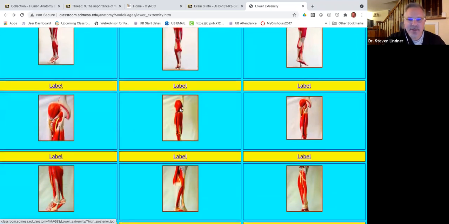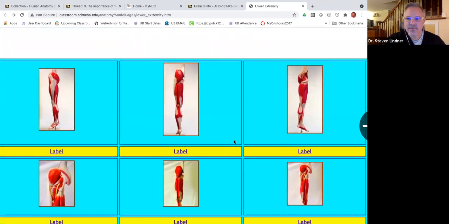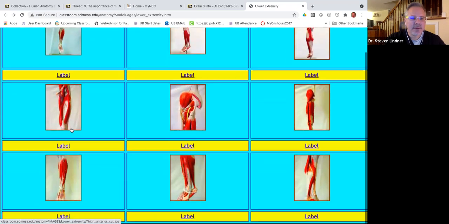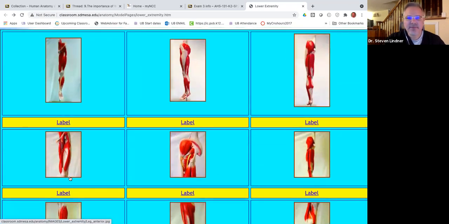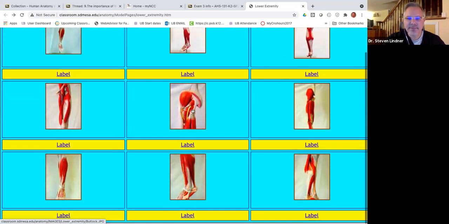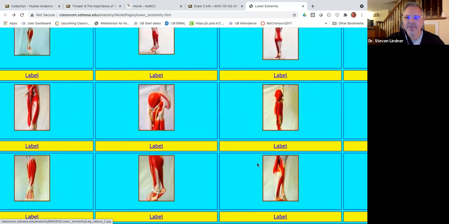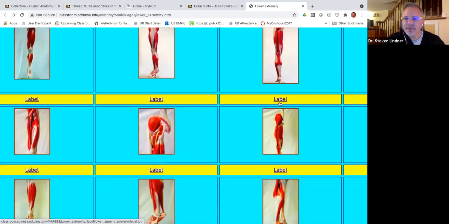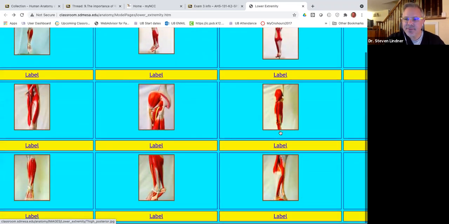Okay, let me make sure I covered all of these muscles for you. We did the front, yes, and yes. We did the lateral view, the lateral hip, the lateral leg. We did the posterior limb. We focused on the posterior thigh.